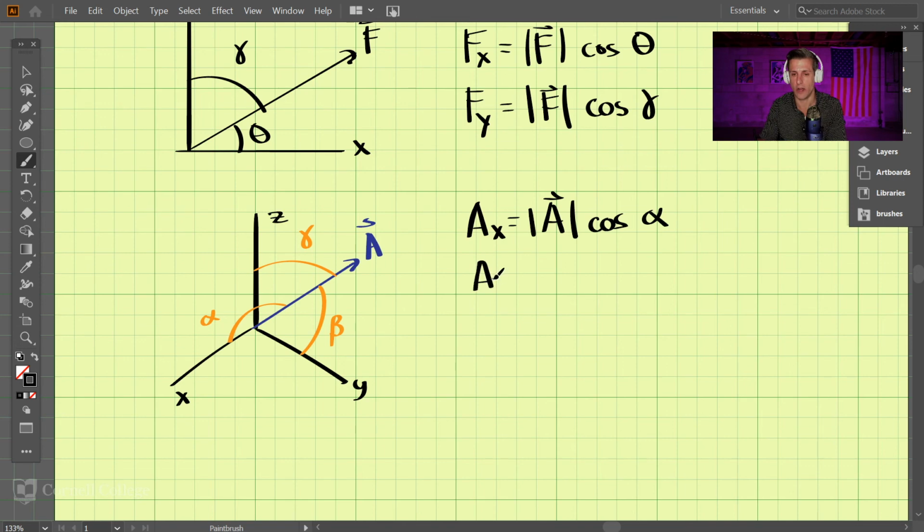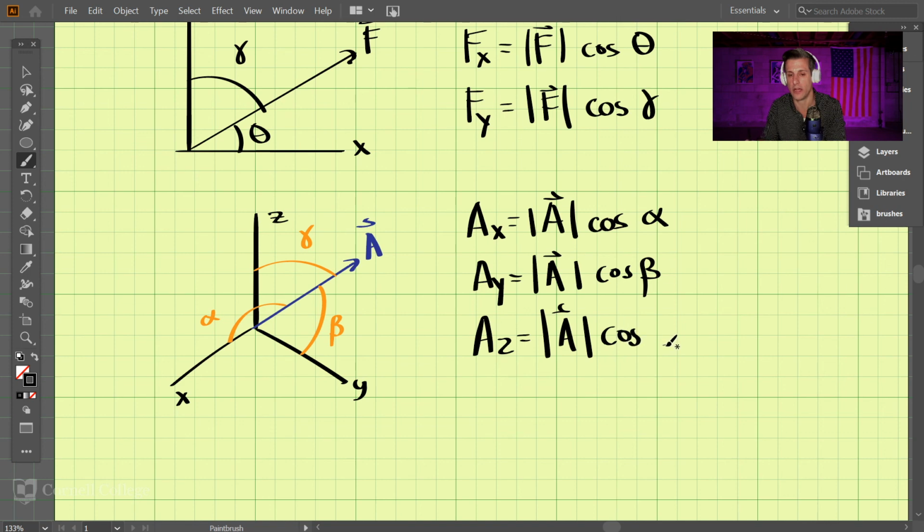All right, likewise, A_y is equal to the magnitude of A cosine beta, because that's the angle between A and the y-axis, and A_z follows the same sort of notation, cosine of gamma.